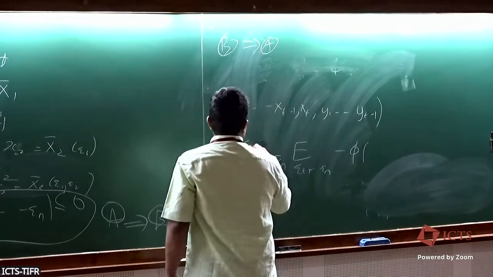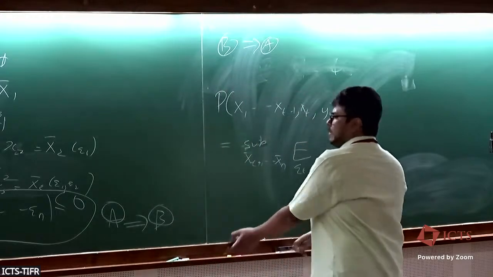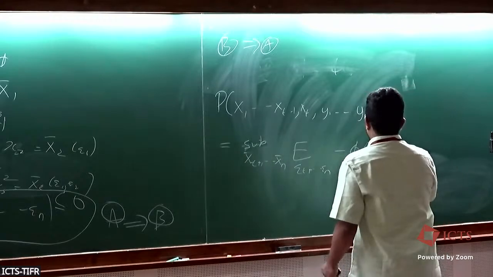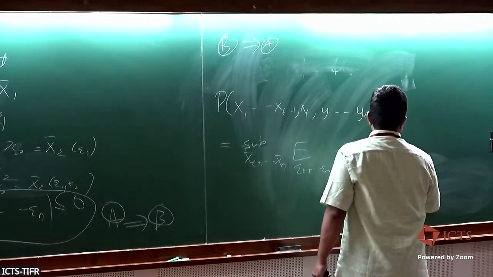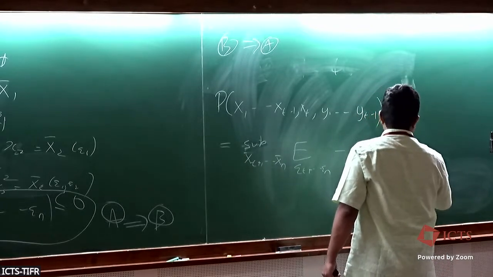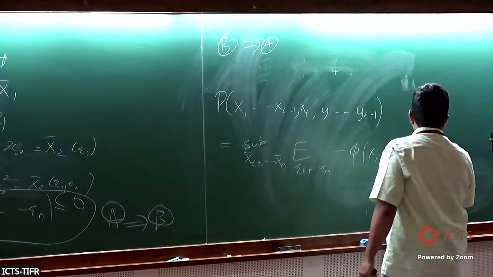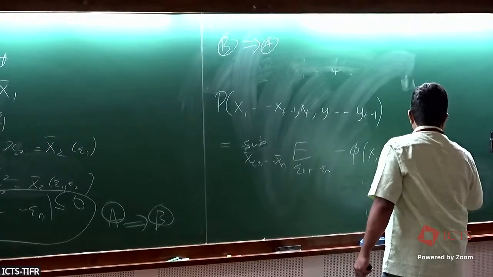Actually, I should be doing maybe a supremum here. X1 up to xt, comma x bar t plus 1 of y1 up to yt.